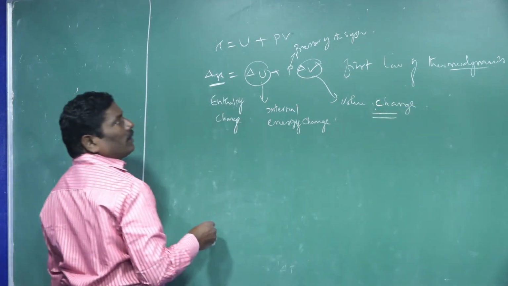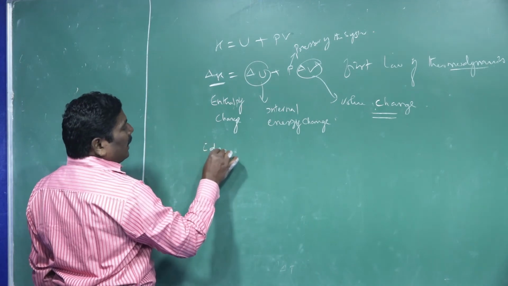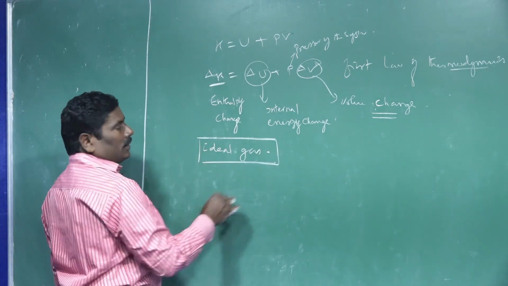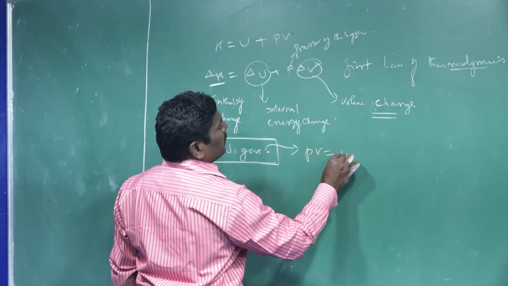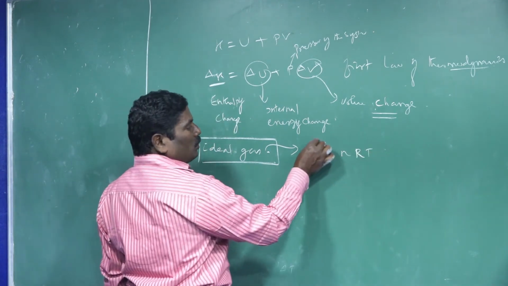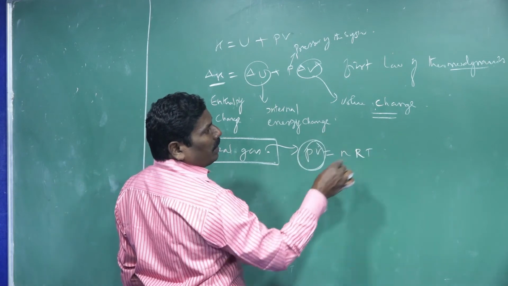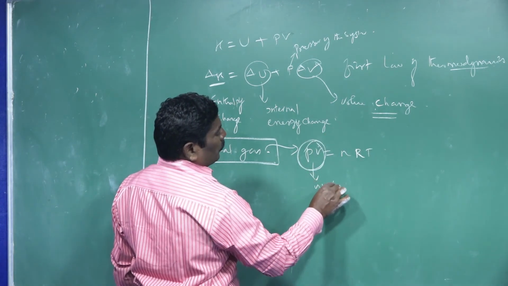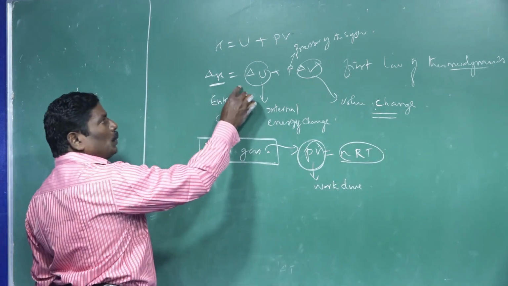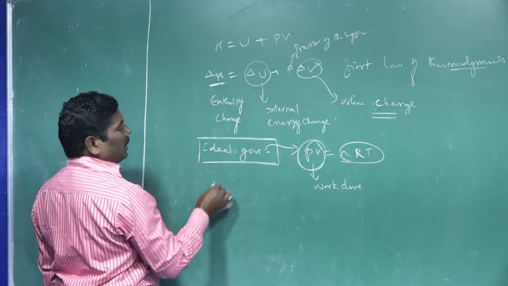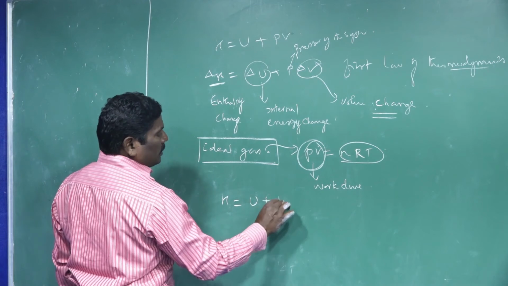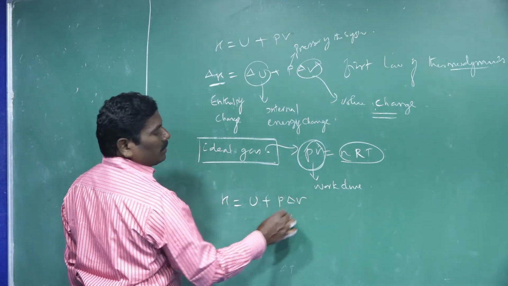Now you take this, and if it is an ideal gas, you know that the ideal gas equation is PV is equal to nRT. Here PV is also referred to as the work done. This work done is equal to nRT. Now you take these equations, you can write H is equal to U plus P delta V, that is nothing but work done.